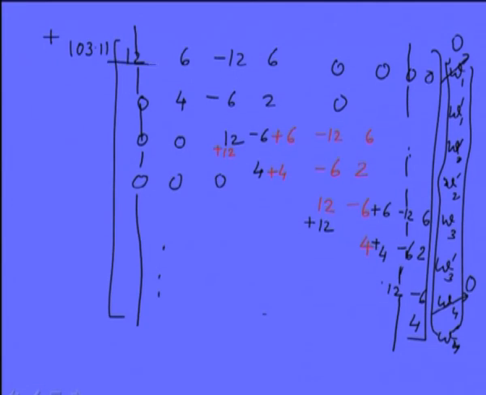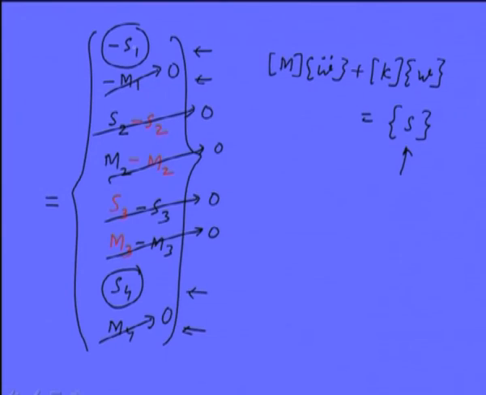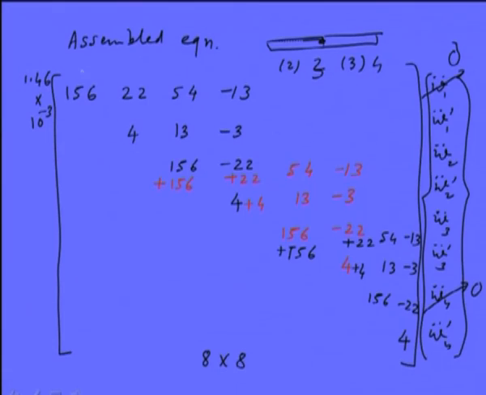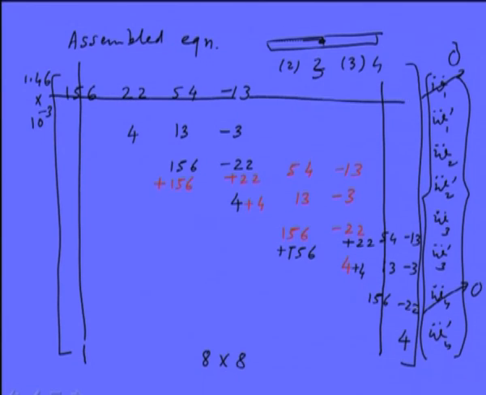Even the first row we also need to eliminate, because in this S1 is unknown. Also the last but one row we need to eliminate. Similarly, in the mass matrix, on the same lines we can eliminate the first column and the seventh column, and the first row and the seventh row.